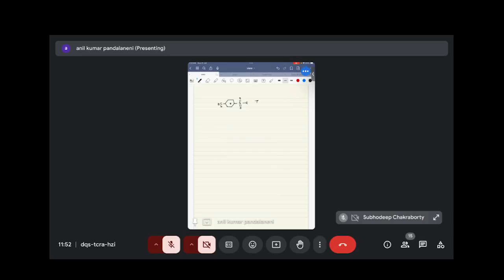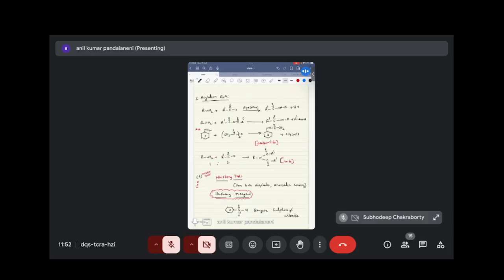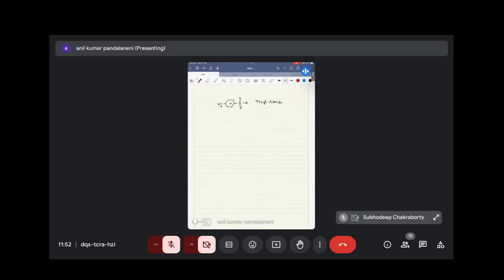This is known as tosyl chloride, which means toluene sulfonyl chloride. Now Hinsberg reagent is this one. In NCERT, if they ask for Hinsberg reagent, you have to write this one in the examination. Tosyl chloride can also be used, but it is not the Hinsberg reagent.